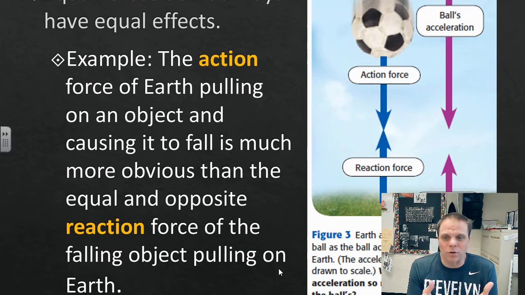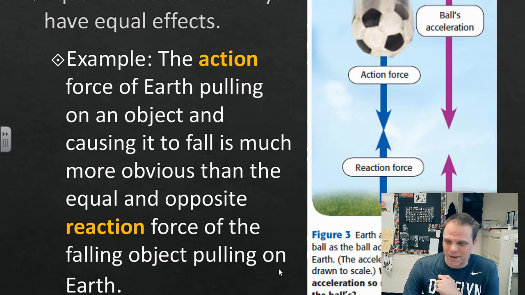The action force of the Earth pulling on an object and causing it to fall is much more obvious than the equal and opposite reaction force of the falling object pulling on the Earth. Those are both equal to each other, but because the Earth is way more massive, you are not going to see the Earth moving in an upward direction, okay? The soccer ball is moving in the downward direction, right?